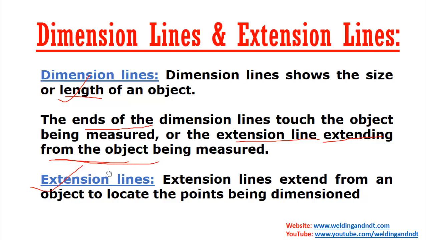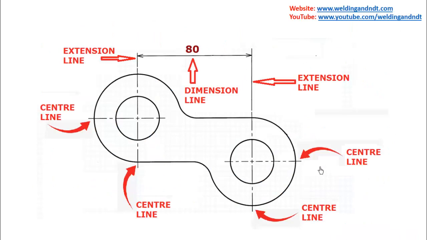Now extension lines extend from an object to locate the points being dimensioned. So an extension line gives a view of the portion from which the line has been extended. From this diagram you can see here you have hole 1 and here you have hole 2. Now if you want to see the distance from hole 1 to 2, how will you see?